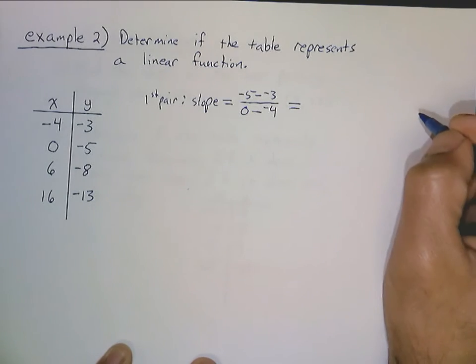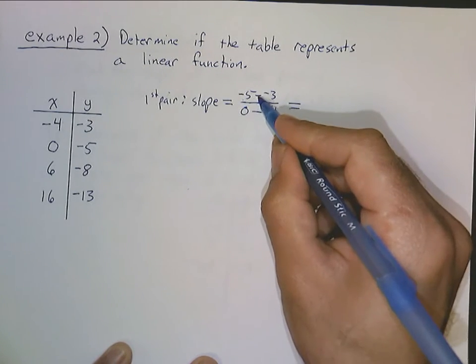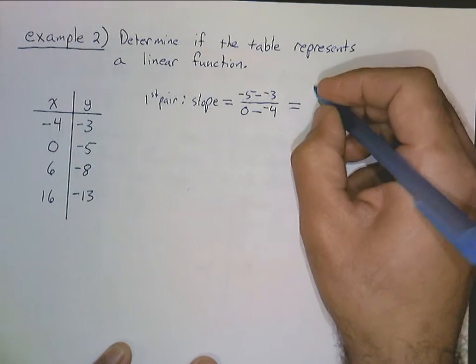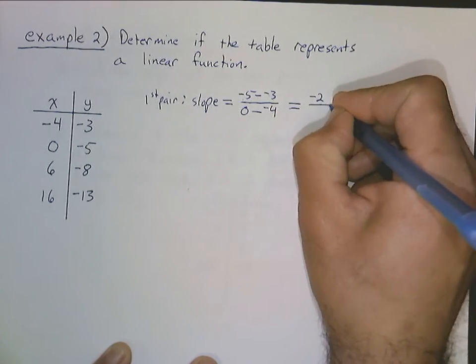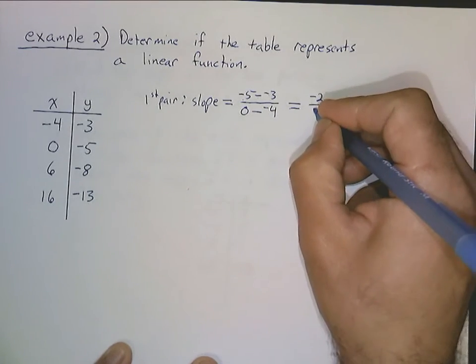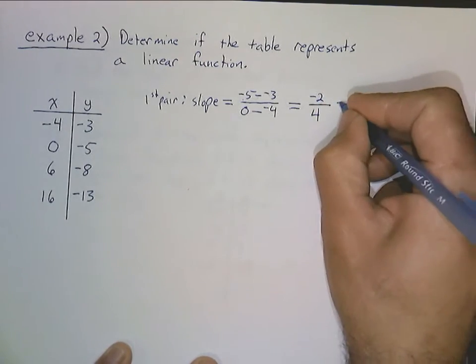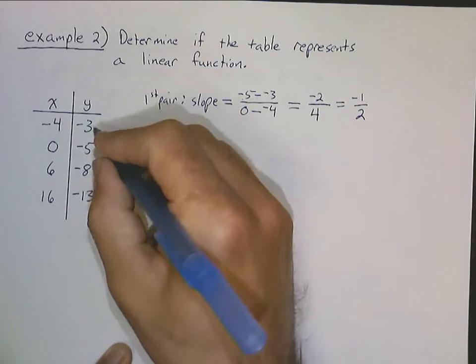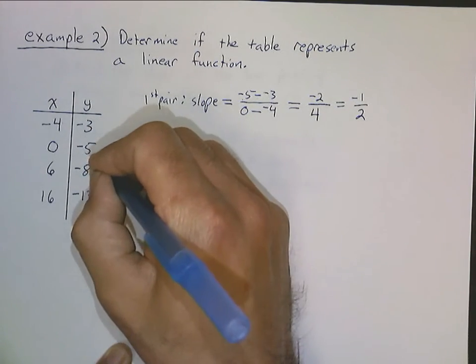And we can simplify that down a little bit. Negative 5 minus a negative 3 would be adding a positive 3. That's going to be negative 2. 0 minus a negative 4 is going to be 4. So that's just negative 1/2. So that's for this first pair of points.